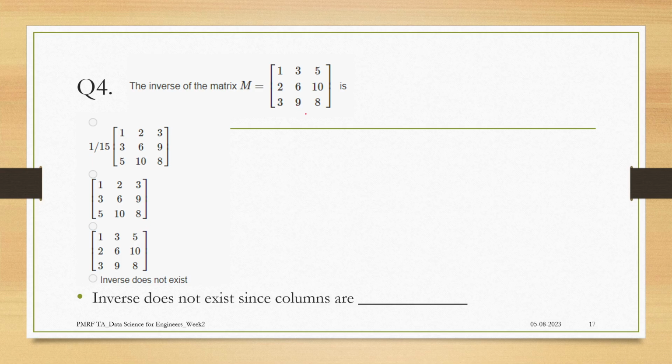Yes ma'am, dependency is there. So if dependency is there, what will be the determinant? 0. Yeah, the determinant will be 0, so in that case the inverse does not exist, since the columns are linearly dependent. That is the answer.